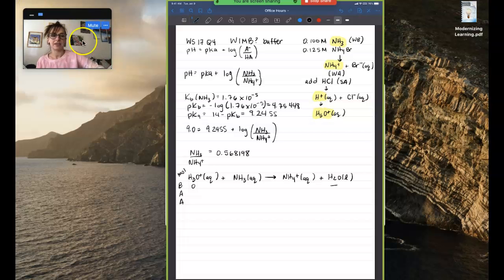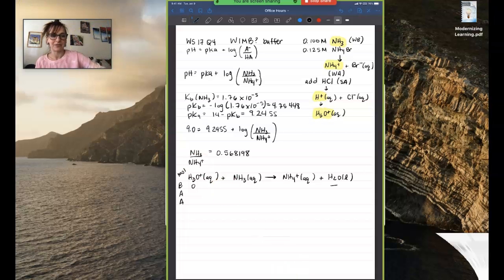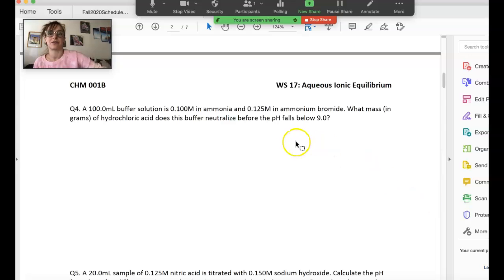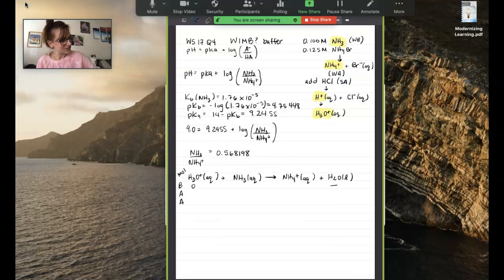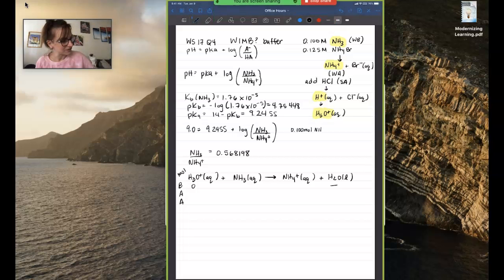So coming back to the actual problem itself, we had started off with the concentrations and the volume of solution. From there, we can figure out the number of moles. You can take 0.100 moles of ammonia per liter of solution and multiply it by 0.100 liters.